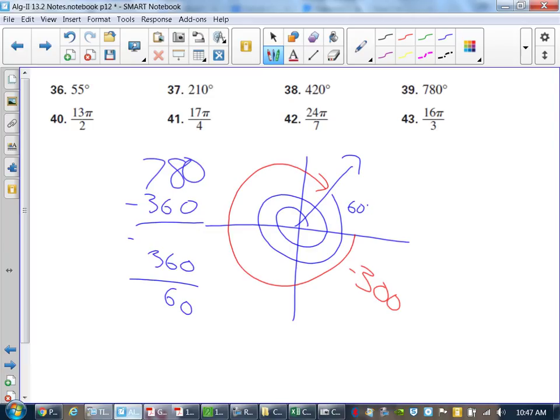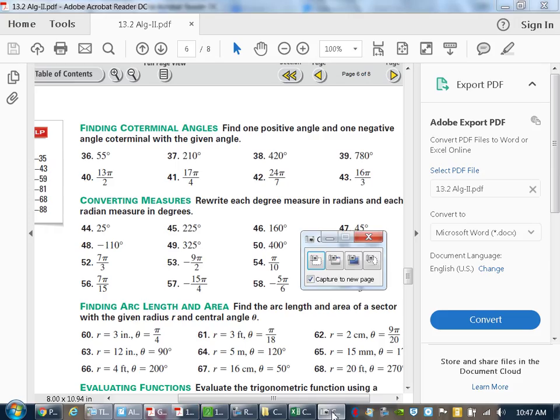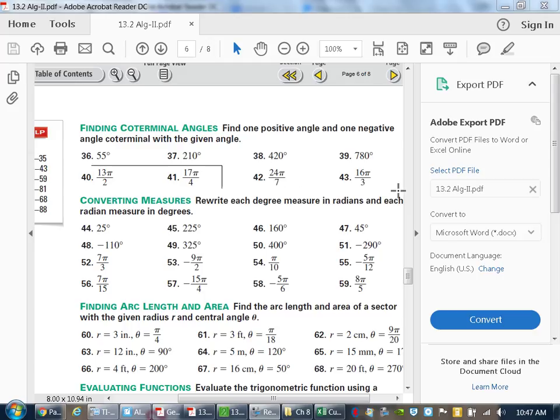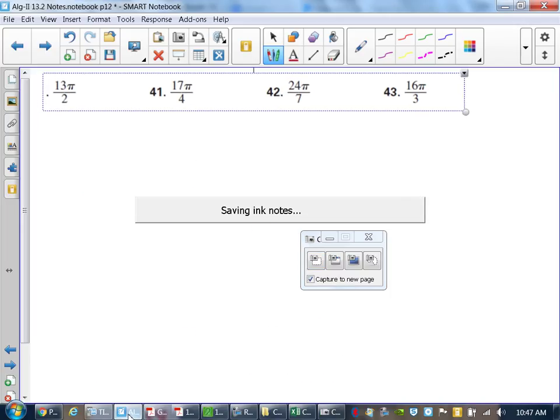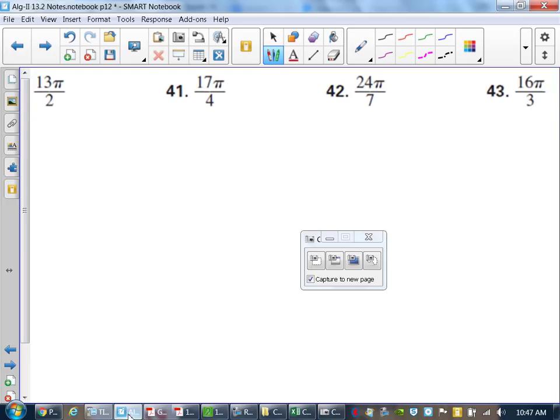So let's look at the radian ones. When we look at the radians, the first one to look at is 13 pi over 2. 2 goes into 13 how many times? 6. And how many are left over? So this is 6 1/2 pi, if you will.